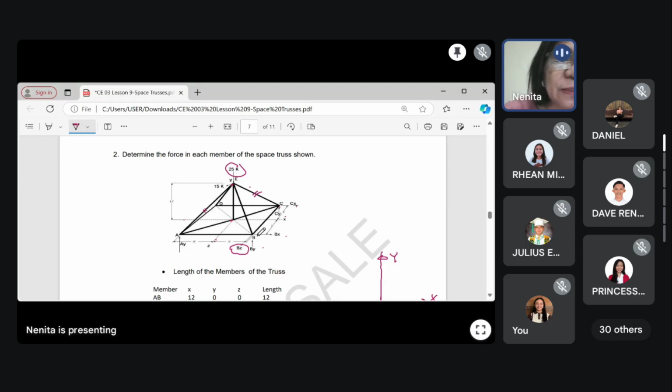Okay. And this is also 6 distance. Ang BY natin, patunong sa ating x-axis na rin is equal to 6. Similar siya sa AY.